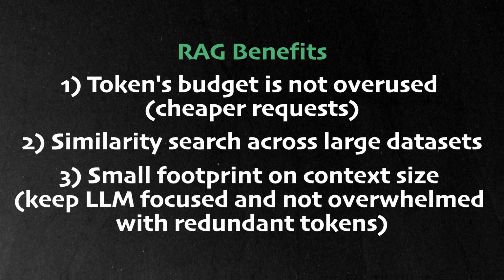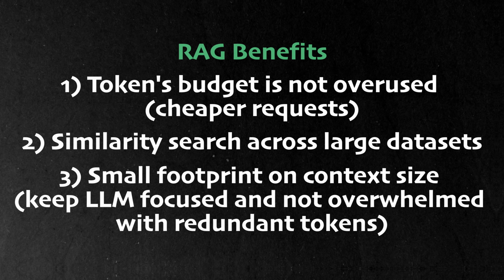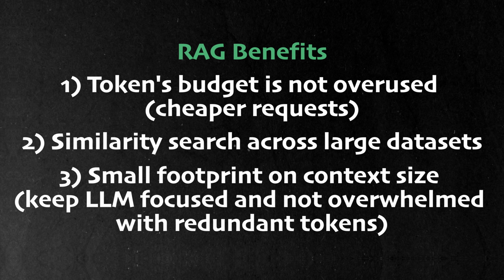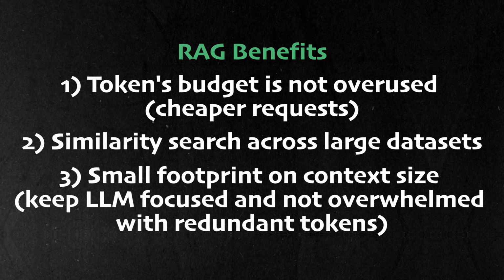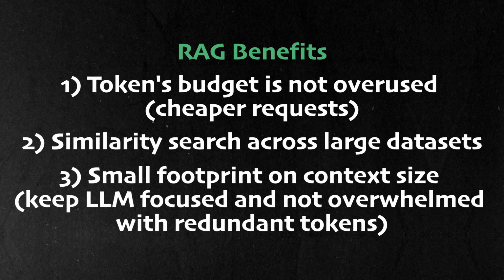Finally, the system combines your question with these matching chunks. This is called prompt augmentation. The AI then uses this highly focused information to generate your response. This approach has some huge benefits. It costs less, handles massive datasets, and drastically reduces hallucinations, because the AI only looks at the exact facts it needs, without getting overwhelmed.